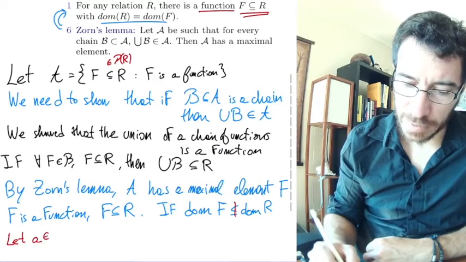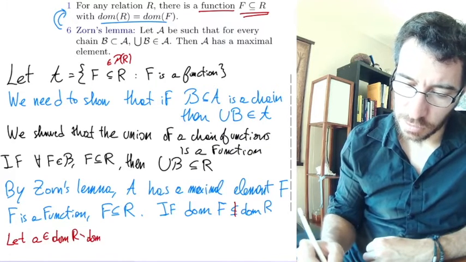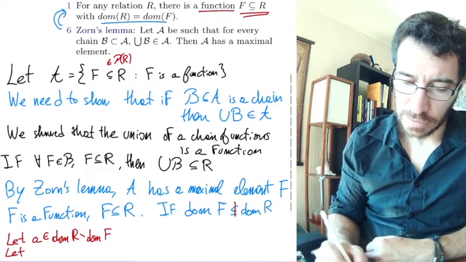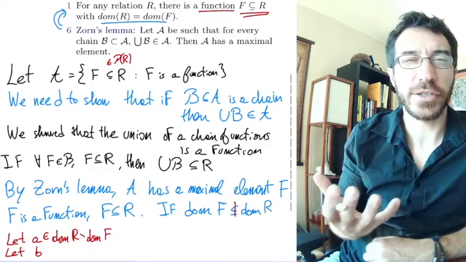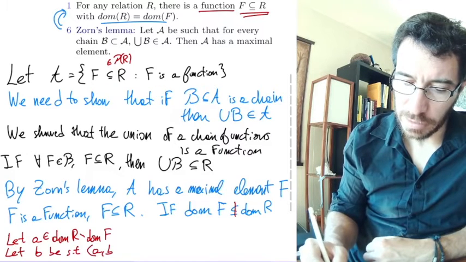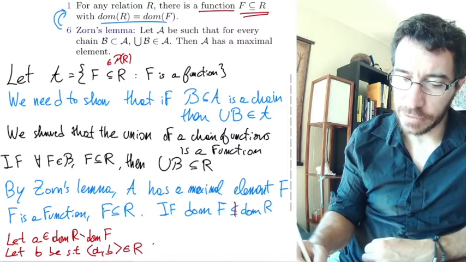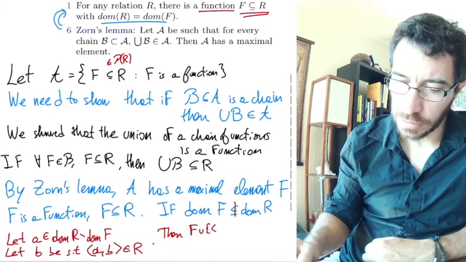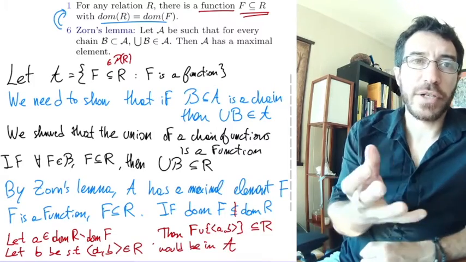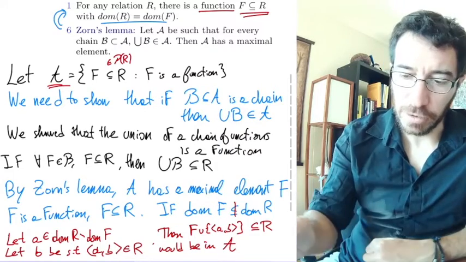So let a be an element of the domain of R minus the domain of F. Since a is in the domain of R, it is connected to something, so there is b such that (a, b) belongs to R. Now F union the pair (a, b) will also be a subset of R and will also be a function, so it will be in our collection. And this will contradict the maximality of F.